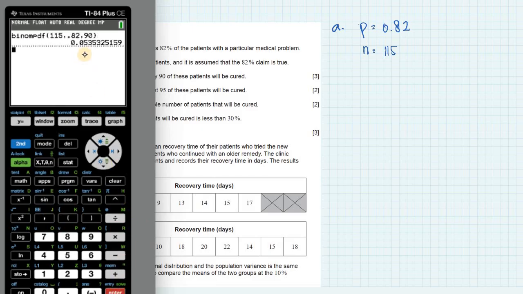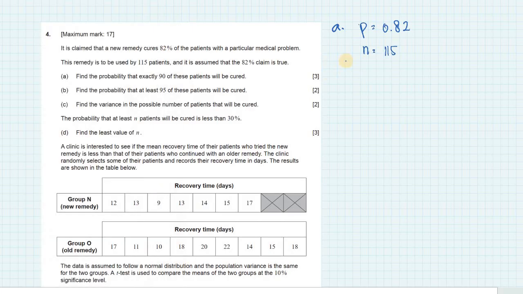And then we got 0.0535 and so on. You can just answer it like this: binom PDF, 115, 0.82, 90, close bracket. I'll write it like that.